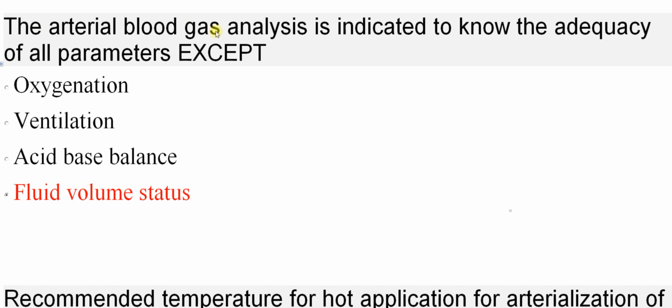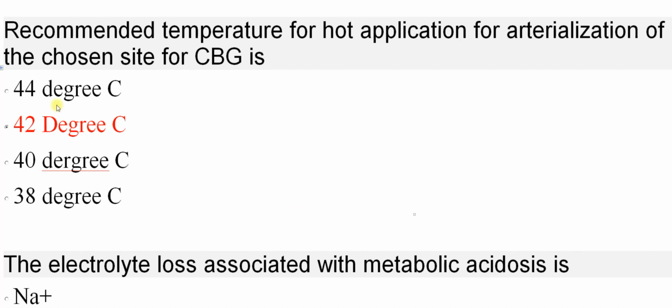The arterial blood gas analysis is indicated to note the adequacy of all parameters except, answer is fluid volume status. Recommended temperature for hot application for arterialization of the chosen site for CBG is 42 degrees centigrade.